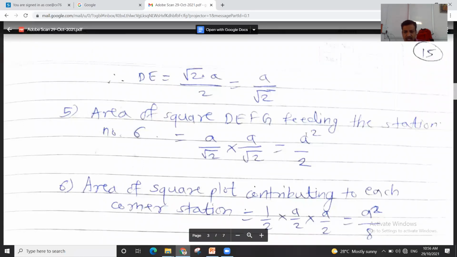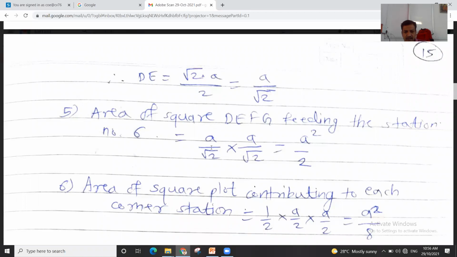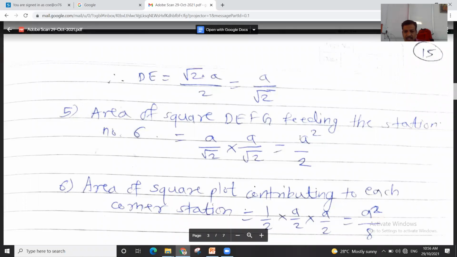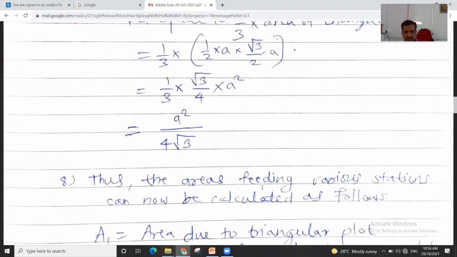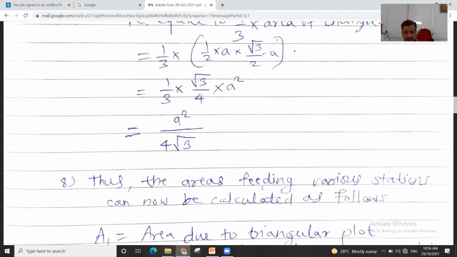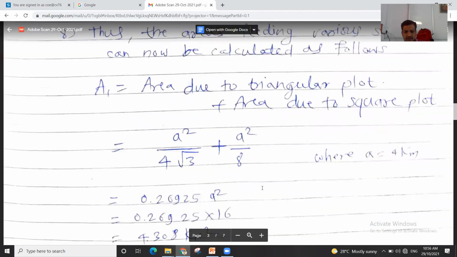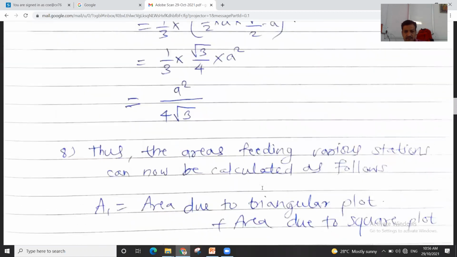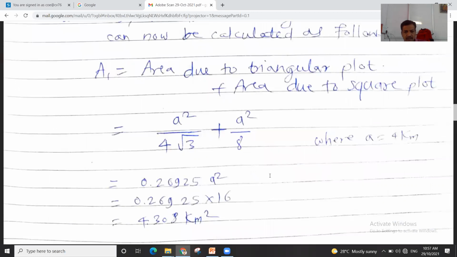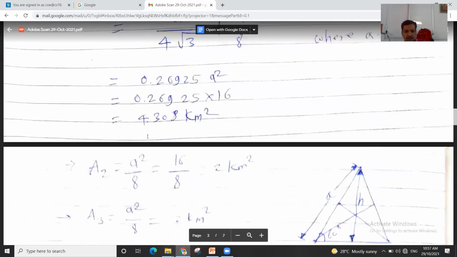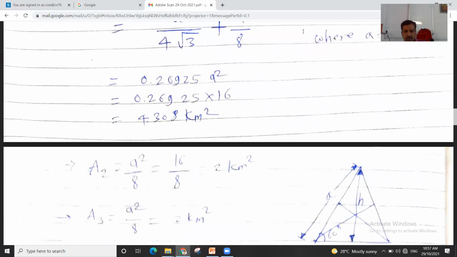By squaring the side we get a square by 2, area of square DEFG. Then the total area is calculated, that is 4.308 kilometer square.